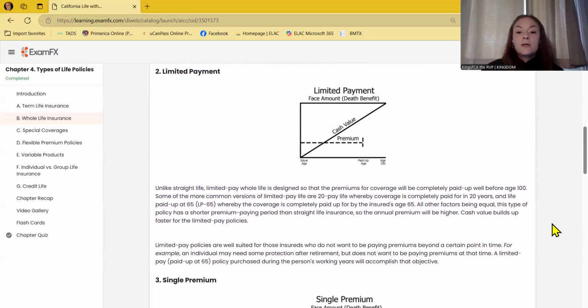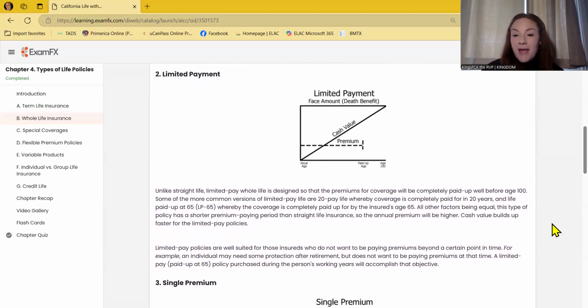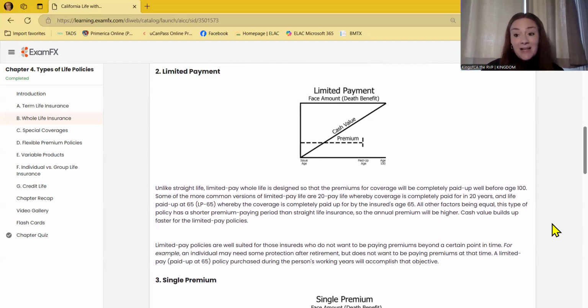Second, limited payment. It's exactly what that sounds like. You are only going to pay your premium for a limited amount of time. This is for people who want their policy to last their whole life, until age 100 or death. However, they only want to pay their premiums up until about retirement age.